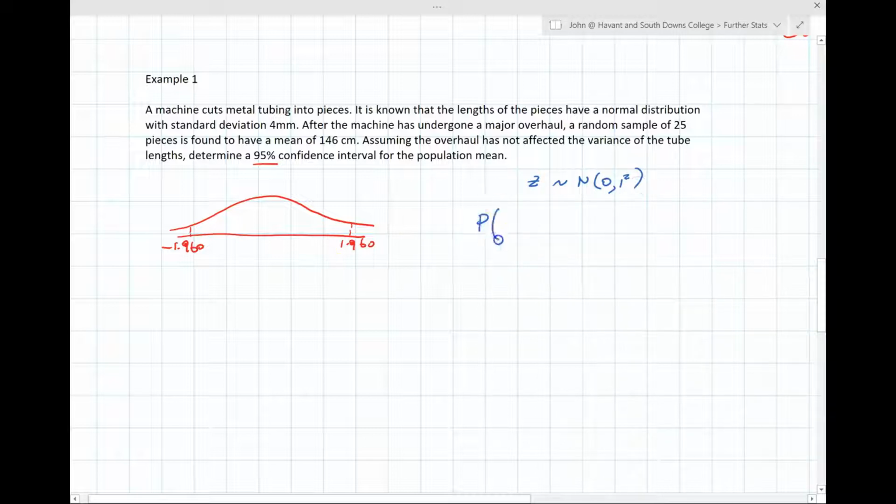Whether we've worked it out using the calculator or the tables, we know that the probability of Z lying between minus 1.96 and 1.96 is equal to 0.95.